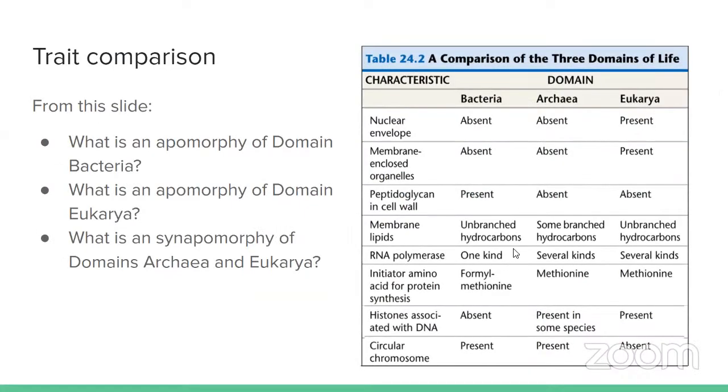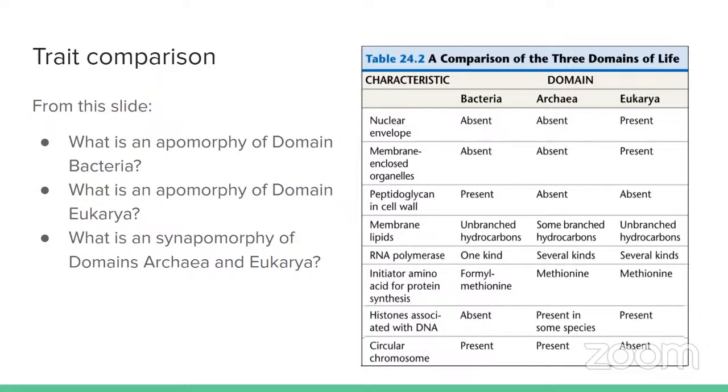Okay. So when we're comparing these domains of life, one of the ways that we tell them apart is by looking at some of their characteristics. So there's been debate about how to divide our groups of organisms when we're thinking about their phylogeny, their evolution. So one of the pieces of data we have is what we can observe about these groups.